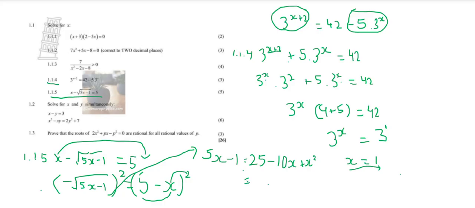So we transpose everything on one side. When transposing everything on one side, we have something like x squared minus 10x minus 5x, then 25 plus 1.